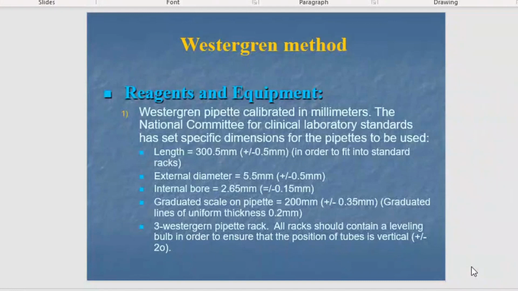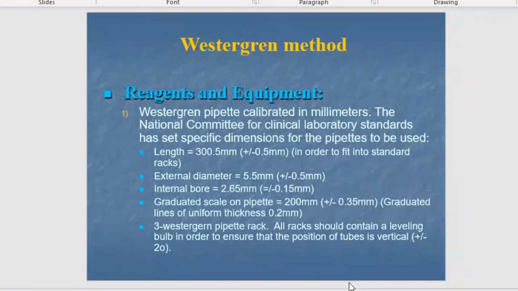The National Committee for Clinical Laboratory Standards has set specific dimensions for the pipettes to be used. The length is always 300 plus or minus 0.5 millimeters. So it should fit the standard.